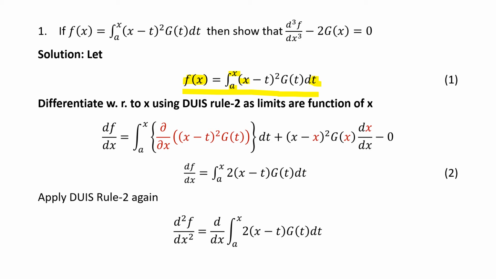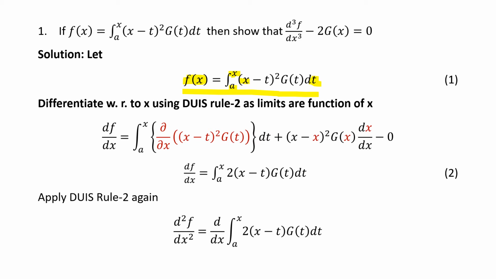Now this parameter x appears in the function and in the upper limit. So limits are not constant, the limit is a function of parameter x, so we will apply DUIS rule 2 here. We will differentiate with respect to x, so we will find df by dx.